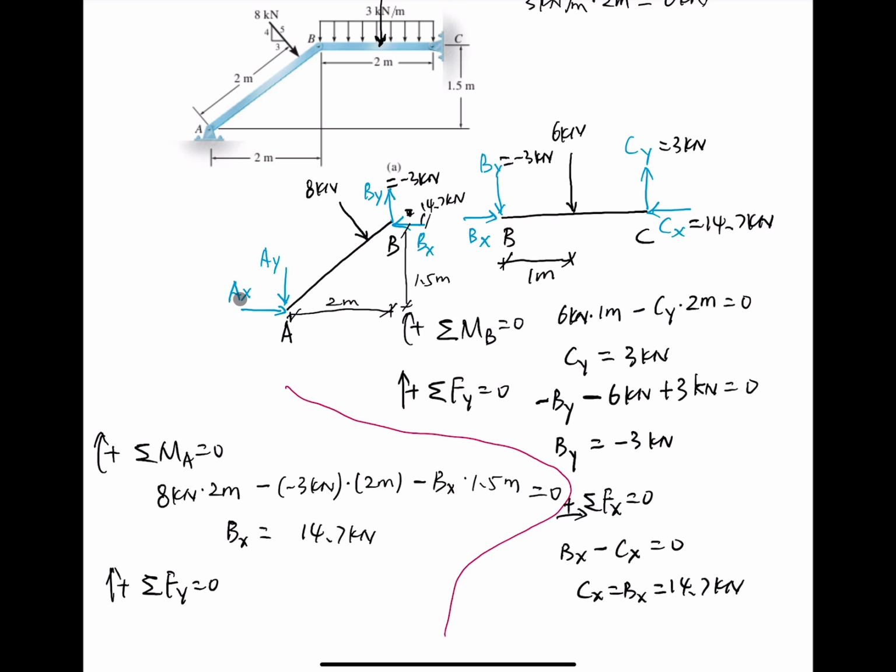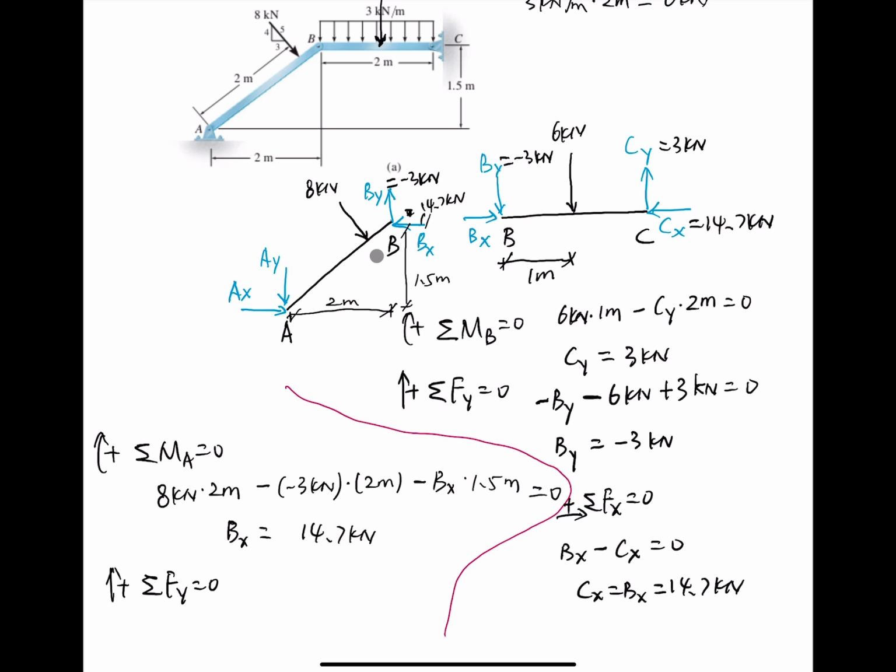The other one is in x direction. Before we go for these two equations, let's calculate the components of the 8 kilonewton, because 8 kilonewton is not in the x direction or y direction. There's an angle.